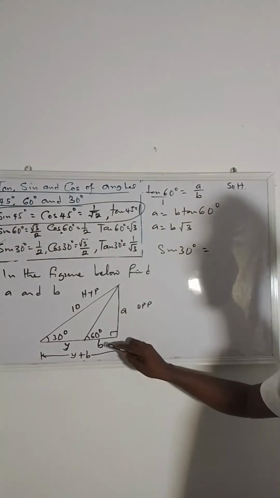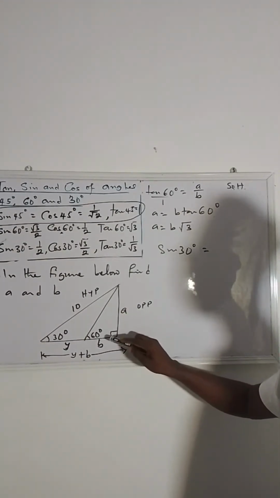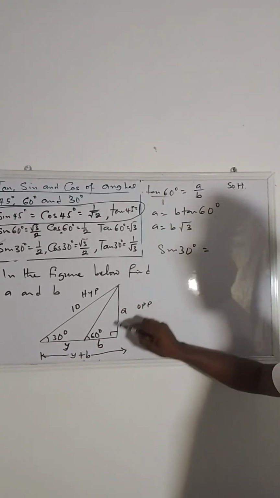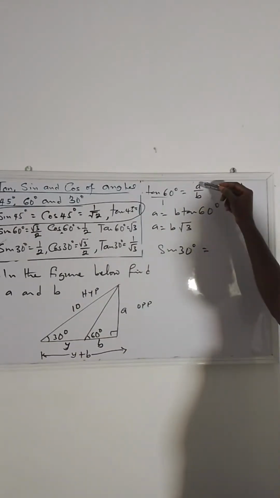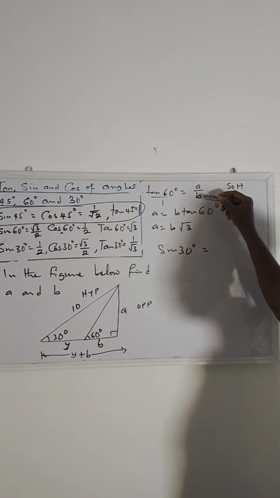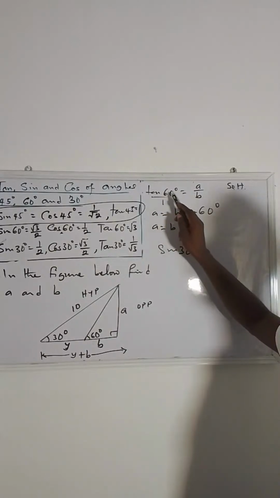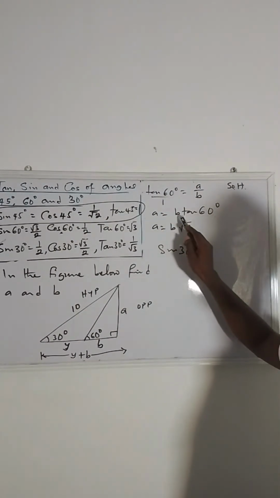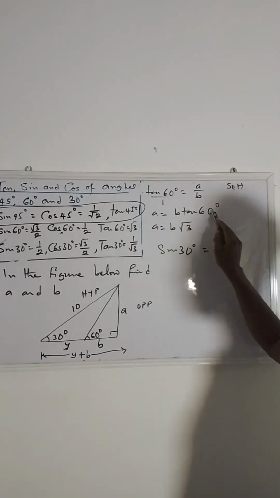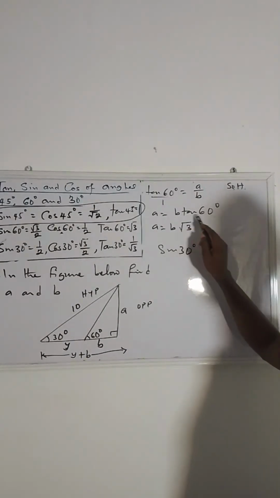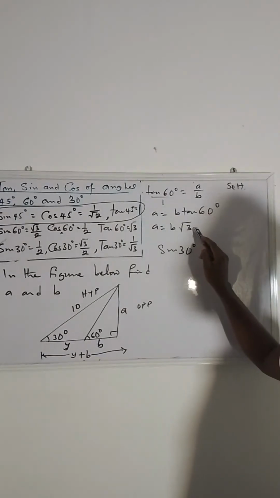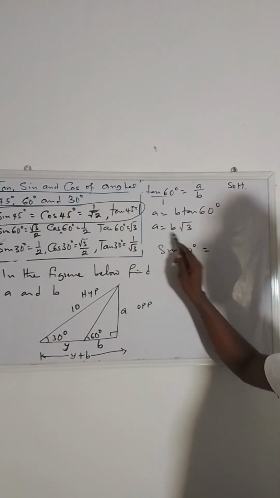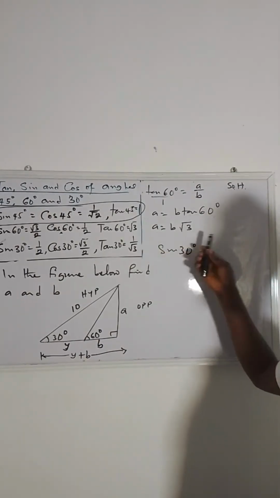So we have tan 60 equals opposite over adjacent, that's A over B. When you cross multiply, you have A equals B tan 60. Tan 60 is square root of 3, you can see that here. So let's take note of this.